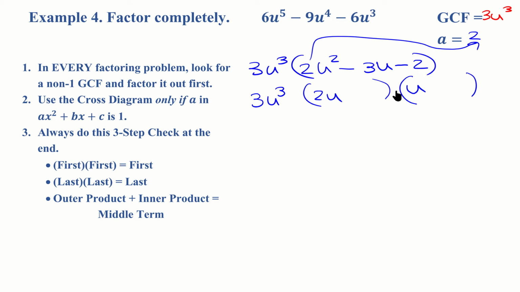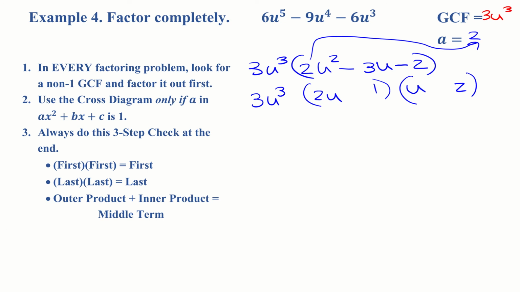Now I could put 2 here, 1 here, or I could put 1 here and 2 there. Now, if we put 2 here and 1 there, think about it. That means 2 and 2. So 2u and 2u, there's no way we can get 3u out of it, right? Or -3u. But if we put 1 here and 2 there, see, some of this stuff you can do in your mind and reduce the number of times you have to repeat the process.